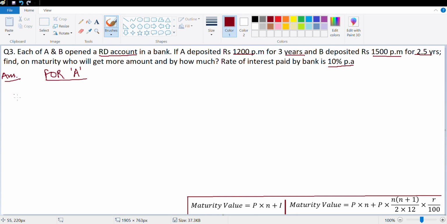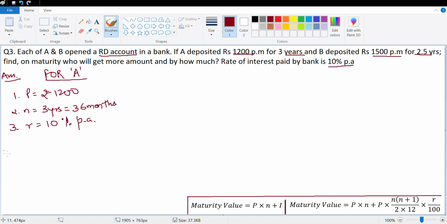So for A, P is equal to rupees 1200, N is 3 years, but we need to convert it in months, which means 36 months, and R is given equal to 10% per annum.